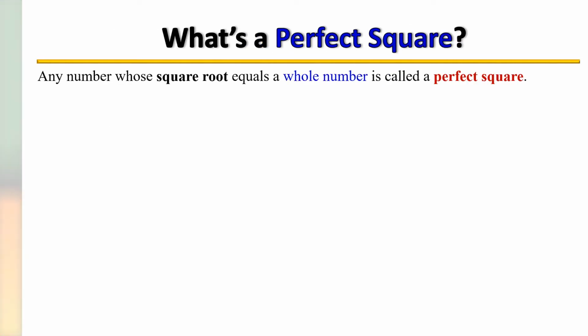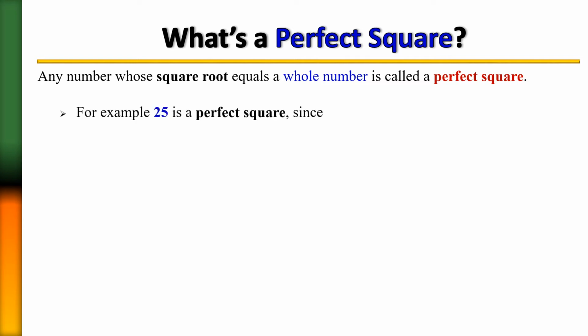How do you know you have a perfect square? Well, any number whose square root equals a whole number is called a perfect square. For example, 25 is a perfect square because if you take the square root of 25, it does equal 5, and 5 is a whole number.